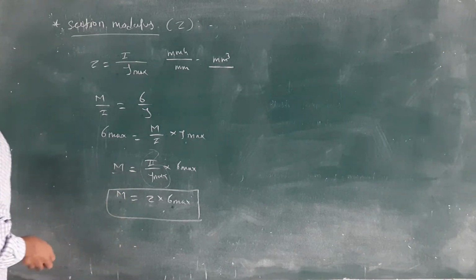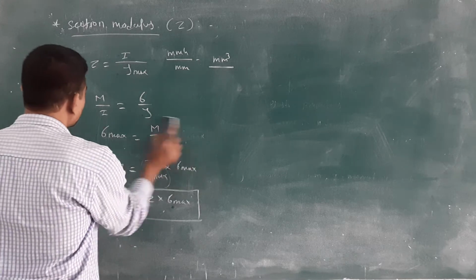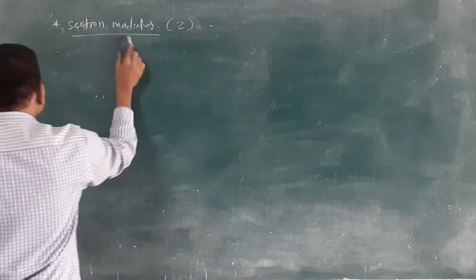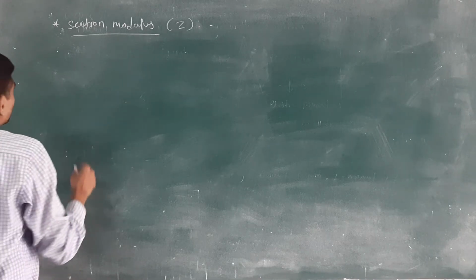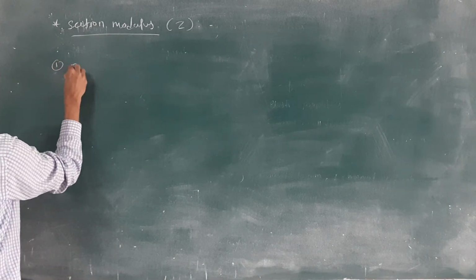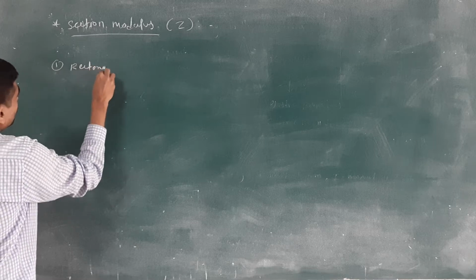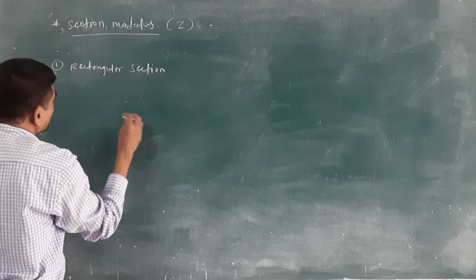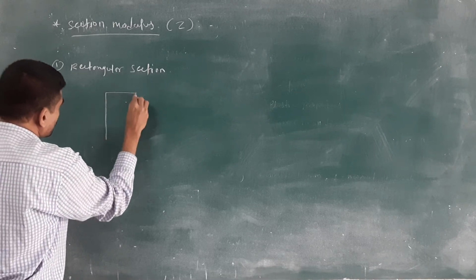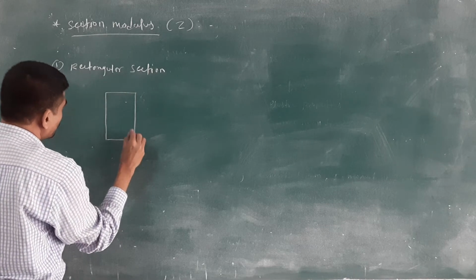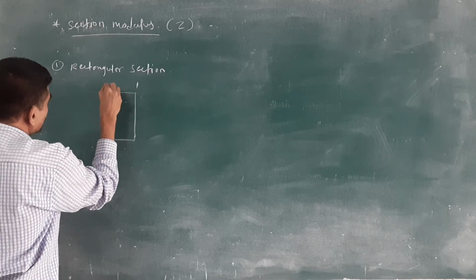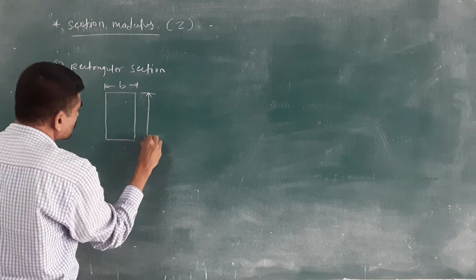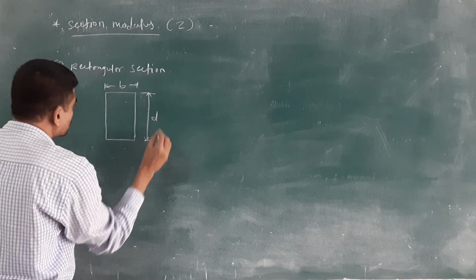Then how to calculate the section modulus for the different sections? First we will take the rectangular section. Remember, the rectangular section has two dimensions: one is the width b and the second is the depth d.